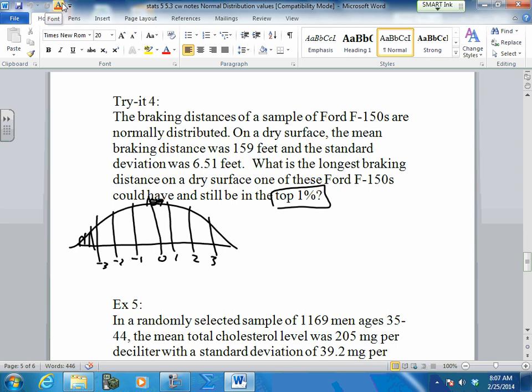So even though we're looking for your top 1%, we're actually looking for the bottom 1% here, because we want the shorter braking distance, and we're going to say that's a better way to do it. So we take your 1%, we do your inverse norm, and we find your z-score to be negative 0.233, well on the left-hand side of your chart. So now we find that braking distance.